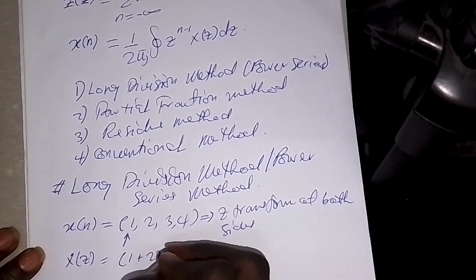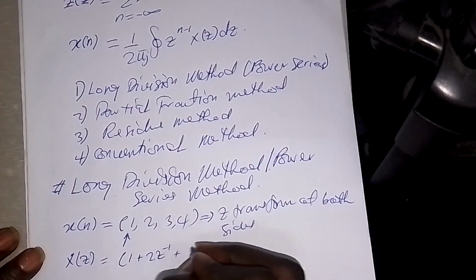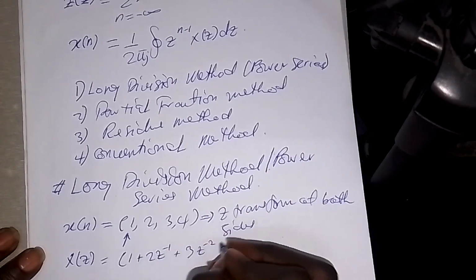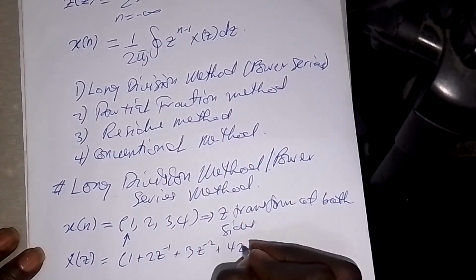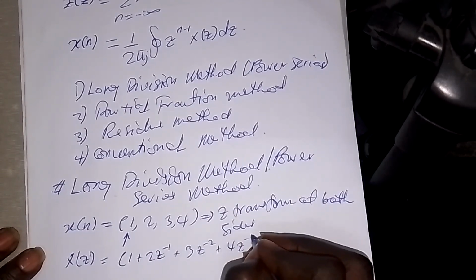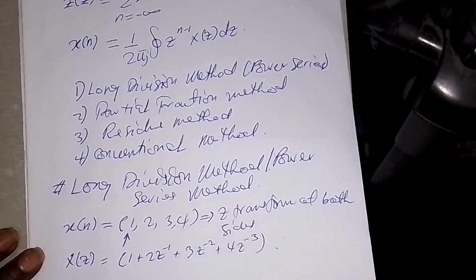Then I'll have 2z exponent minus 1 plus 3 into z exponent minus 2 plus 4z exponent minus 3. So basically this will be the Z transform for this particular series.